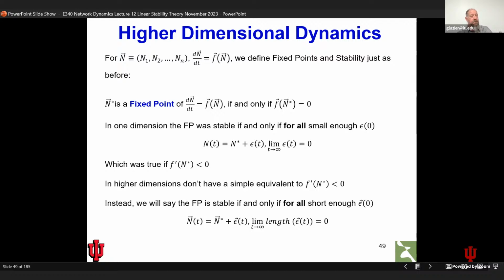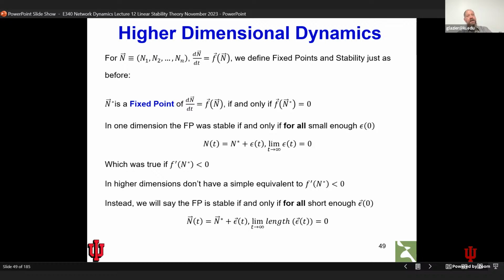And as before, if we perturb away from that initial position n star, if we come back, we'll say our fixed point is stable. And if we move further away, we'll say our fixed point is unstable. The difference here is that before, the perturbation was in just one variable, and so all we had to look at was the value, was epsilon getting bigger or smaller.